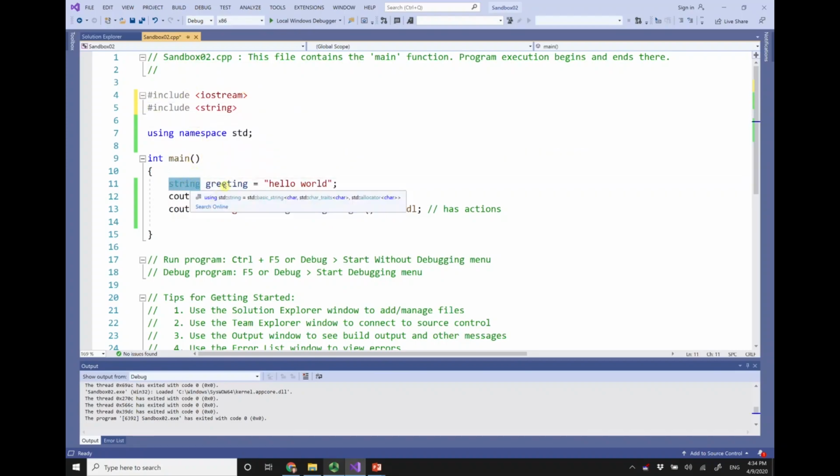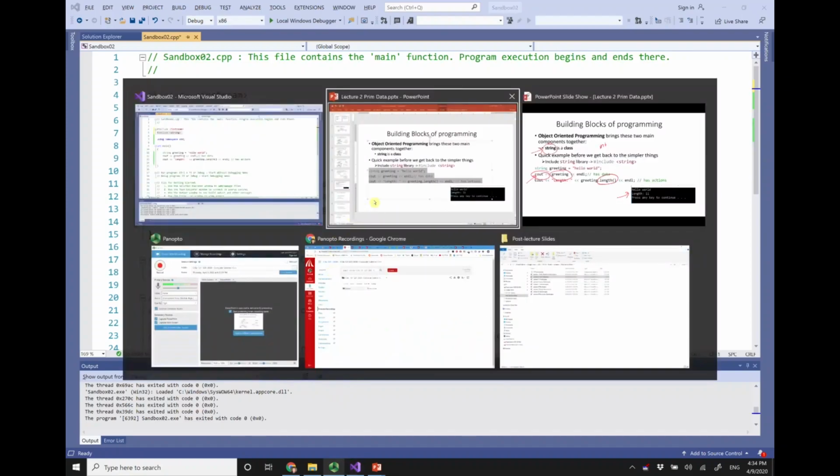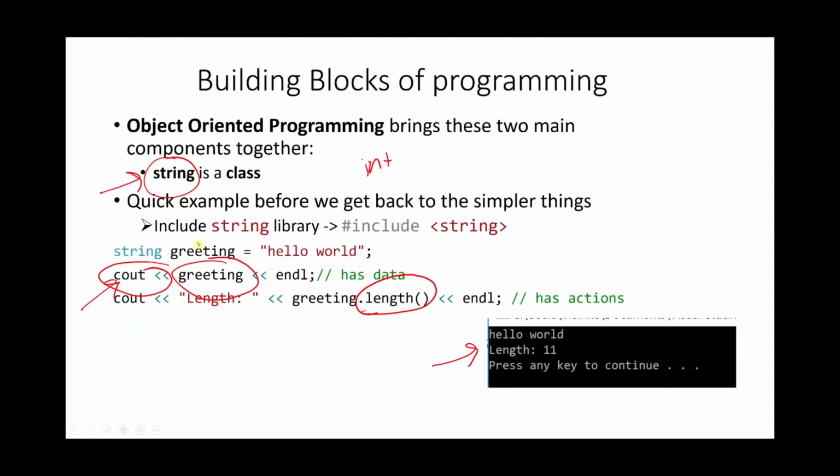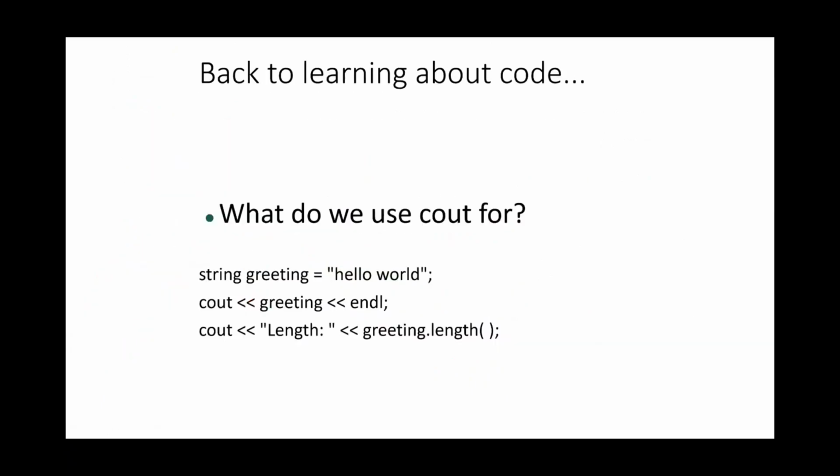If you're going to define any variable of the type string, always include the string library. This way you get rid of a lot of problems regarding strings and creating strings.